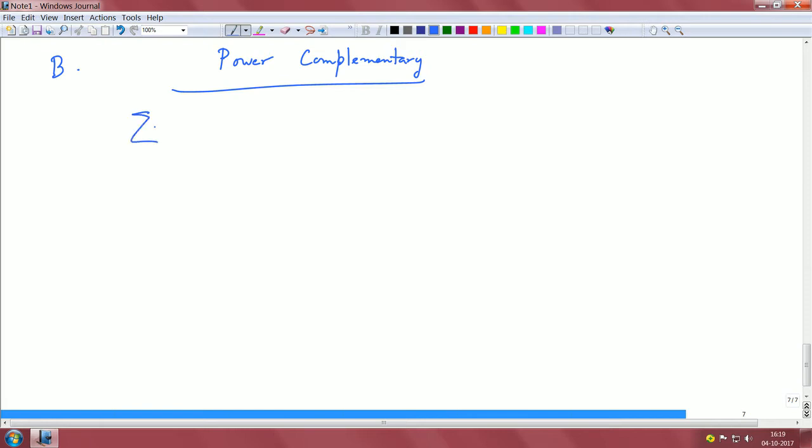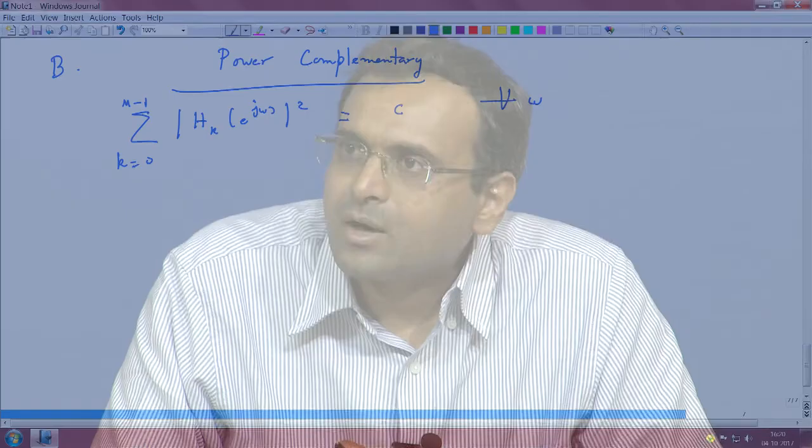If you are given filters h naught, h1, h2, and so on till h M minus 1, they form a power complementary set if you look at the magnitude square responses over all the M filters, that should be equal to some constant for all the frequencies. Now, this is interesting because the sum of the magnitude square response for all the filters should be a constant.